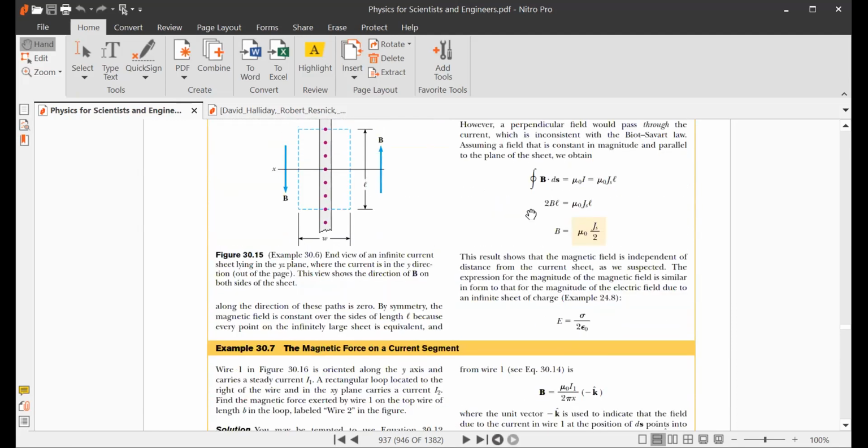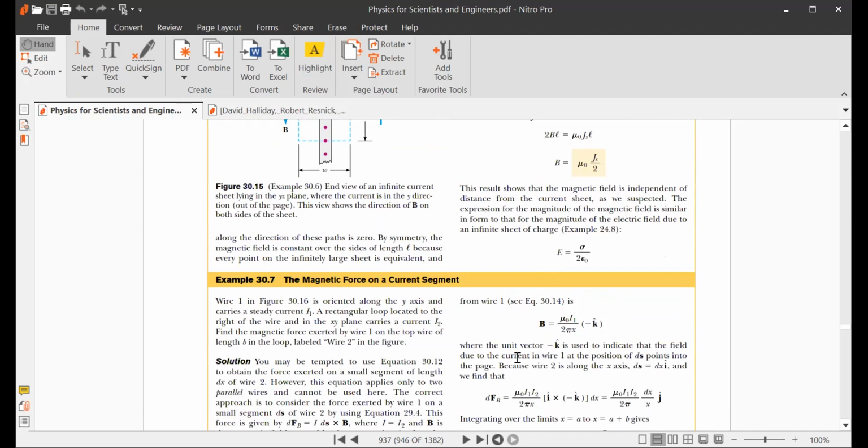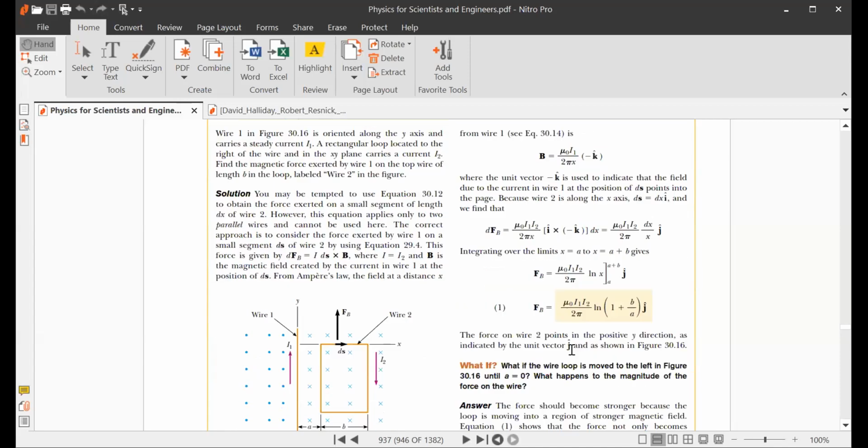This B here is from this very long wire, and the distance between this wire and a point in the rectangle we call x.